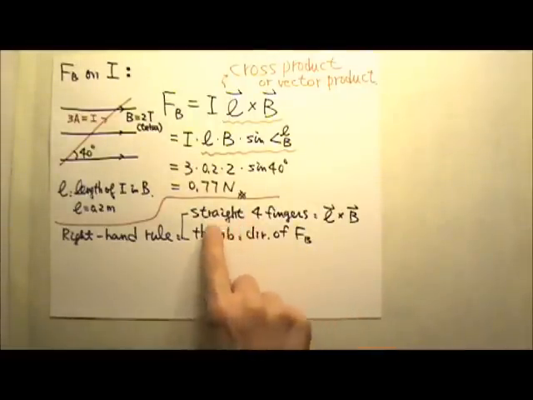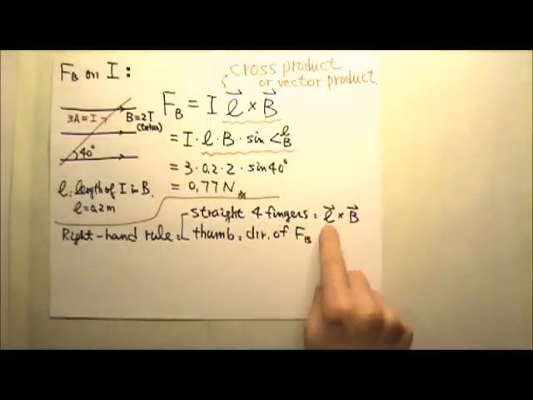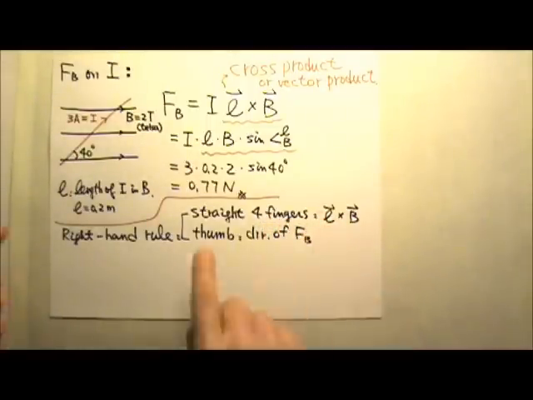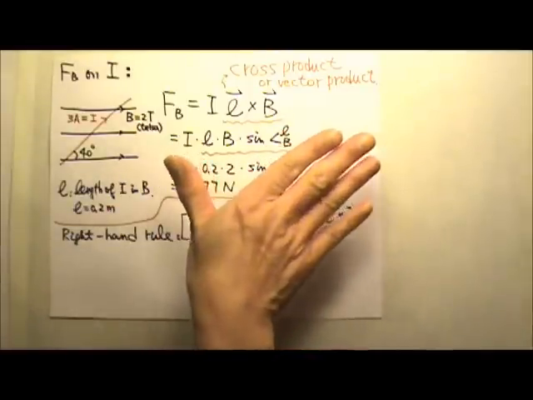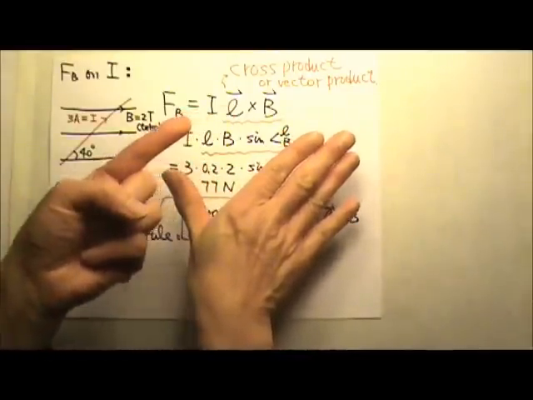This is what we're going to do. The forefingers have to point in the direction of L, and remember L gets the direction of the current, so we have to point our forefingers in that direction along the current.